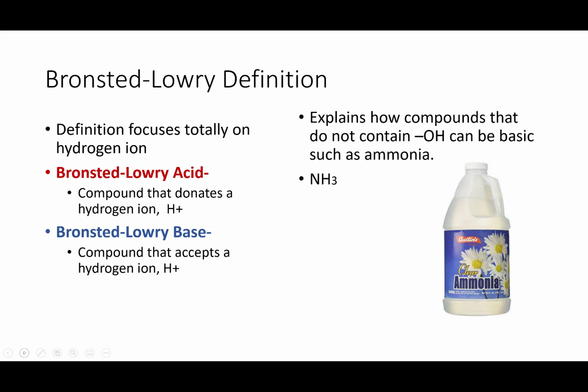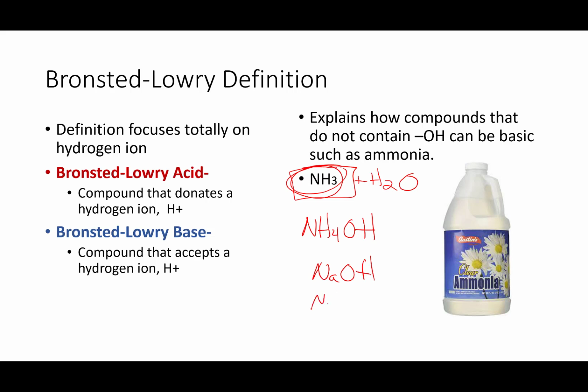One of the big challenges in acids and bases was understanding things like ammonia. Ammonia is NH3. And when you mix it with water, you get ammonium hydroxide, NH4OH. Now, most of the other bases that were out there, sodium hydroxide, magnesium hydroxide, already came with their own hydroxides.